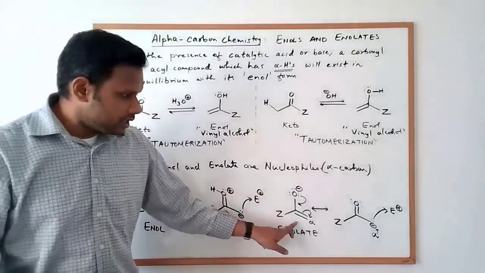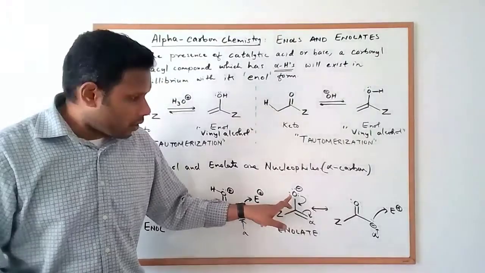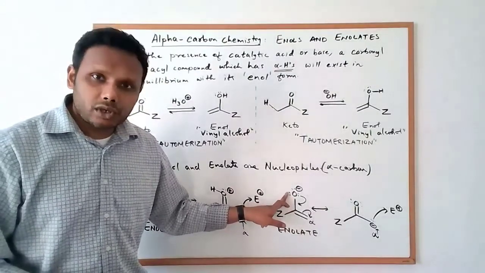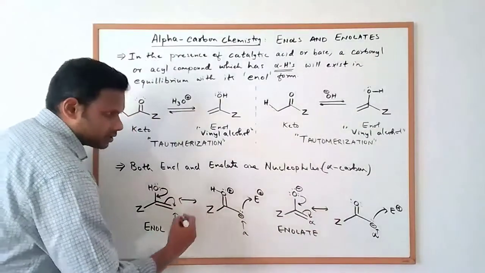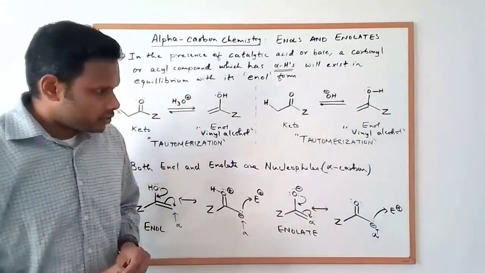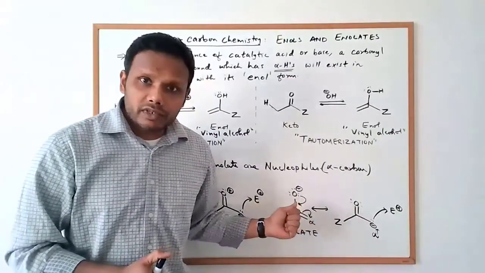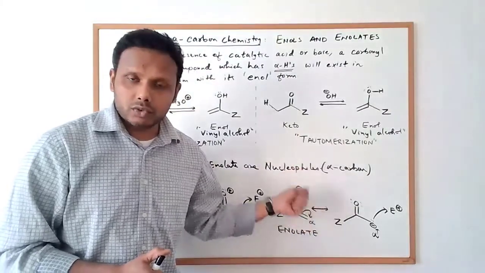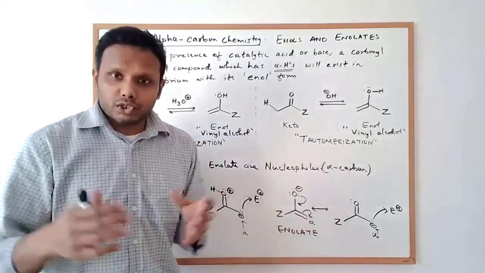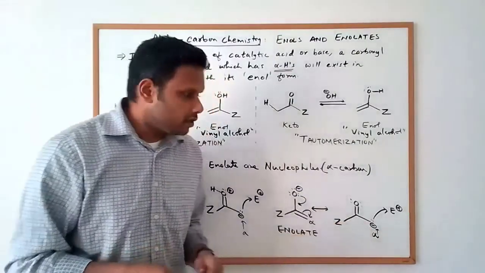Now, as far as the enolate is concerned, you would notice that the oxygen also bears the negative charge in one of the resonance forms. So these are basically resonance forms of each other. Nucleophilic attack involving the oxygen is also known, but it is much more limited than nucleophilic attack involving the carbon.